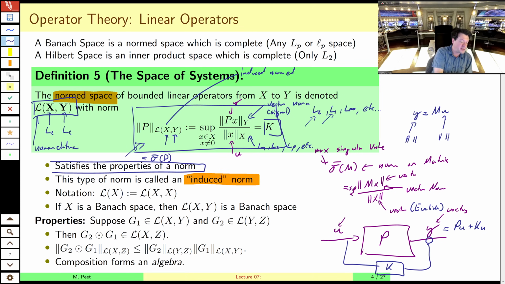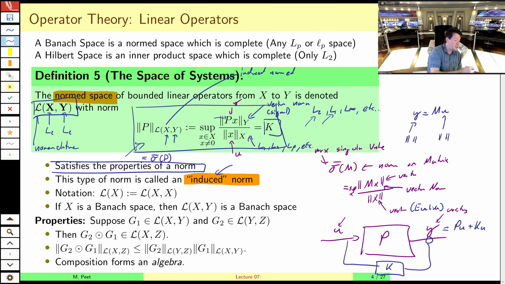Another way of thinking about induced is something which is defined by what it does to the vectors. So the properties of the system, the properties of the matrix, of that map, not the representation of it itself. The representation of P never appears here in this norm. This is in contrast to things like the Frobenius norm, where it's just the sum of the elements of the norm, which is not a very useful norm, I should say.